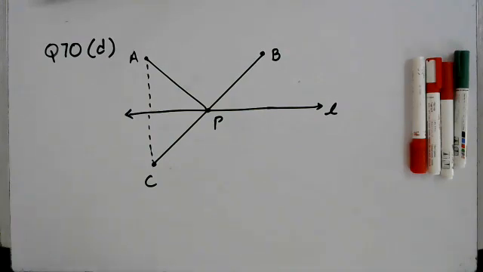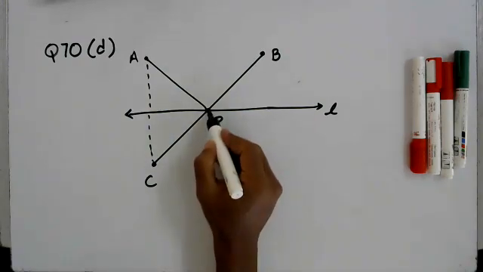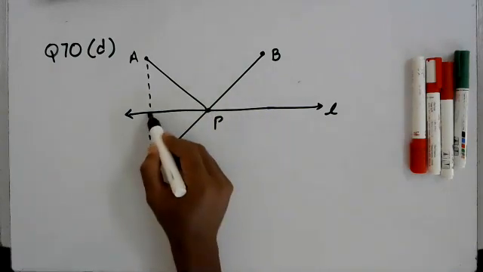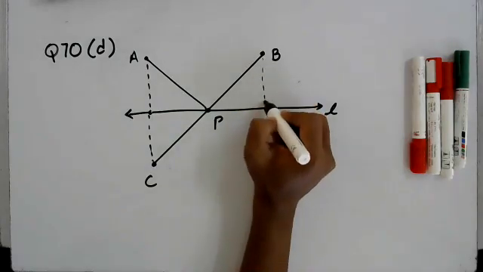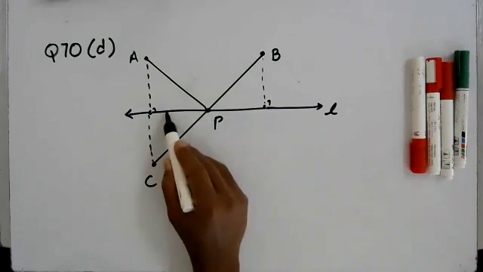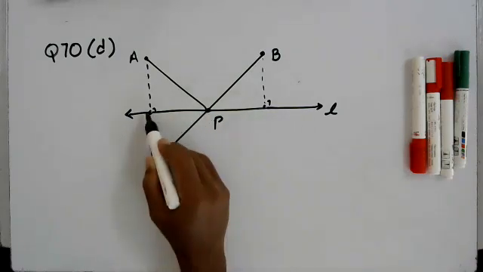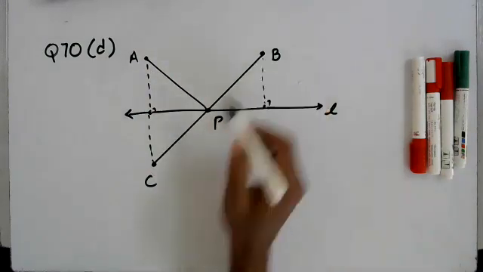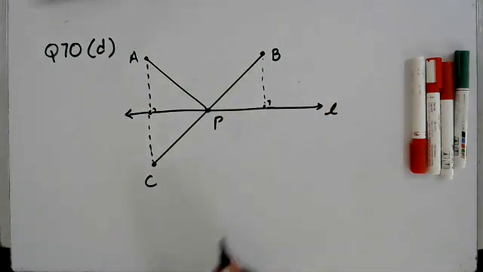What they are asking you to prove is that if point P is in the middle between these two points, if you have a perpendicular to this, if point P is the center between here and here, then this length plus this length, is it the minimum that is possible?